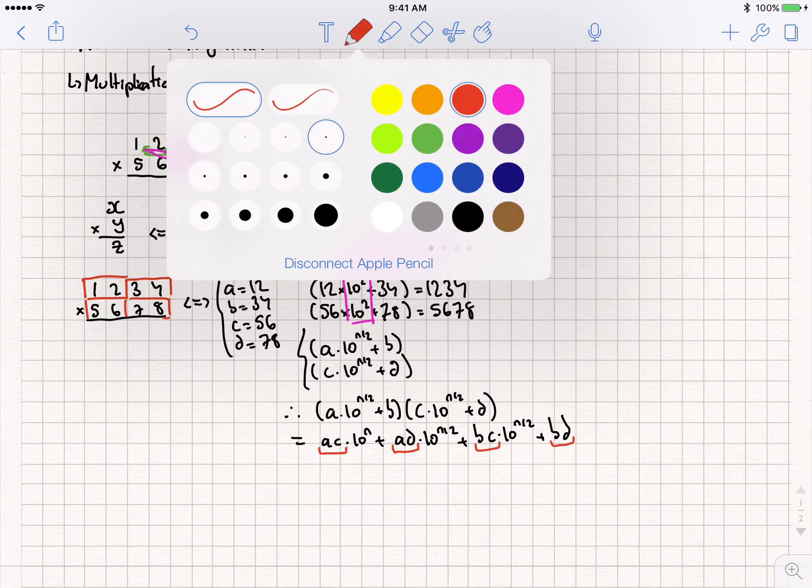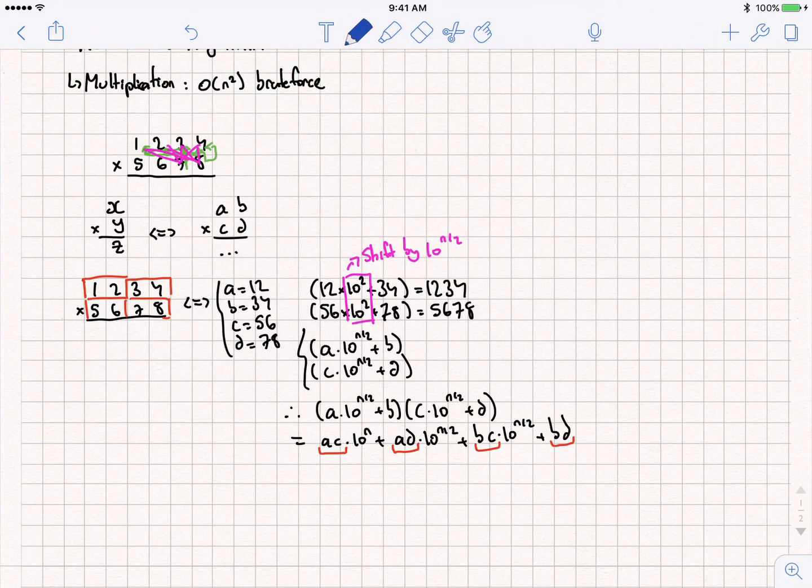Now we also have inside these statements these multiplications over here. Essentially this is shifting something to the left, so we get O of n here. All of these shifts are O of n, and addition is also O of n.